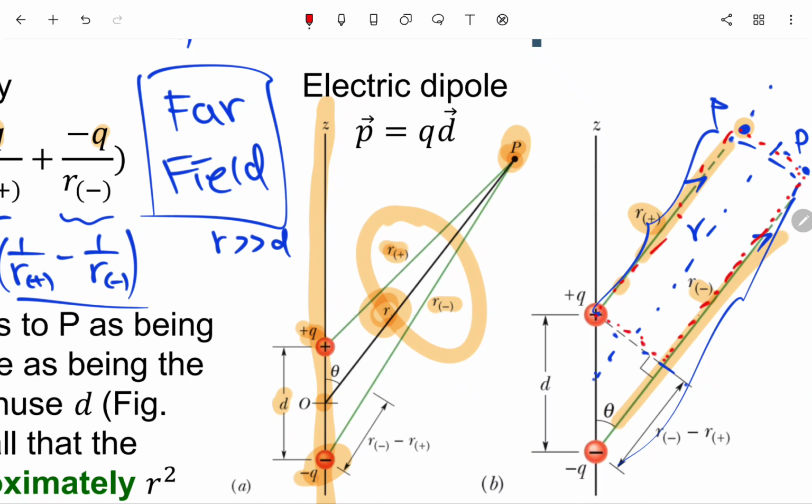This will be a rectangle, which means that this part will be R minus R plus. This is R minus, this is R plus, so this part will be R minus R plus.